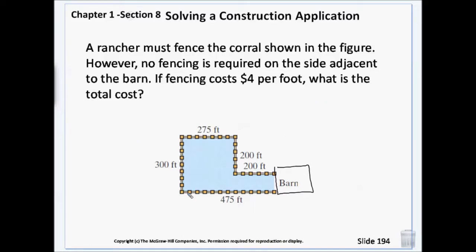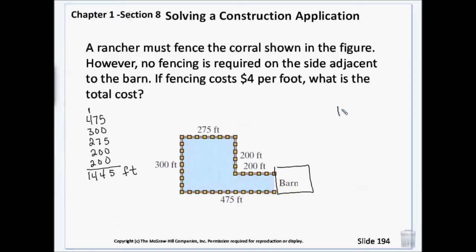So we're going to add up all of these numbers. So 5, 14, 5, 8, 10, 12, 14. So you've got 1,445 feet of fence.